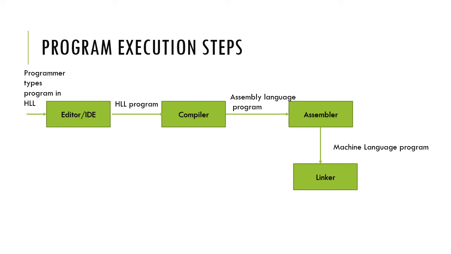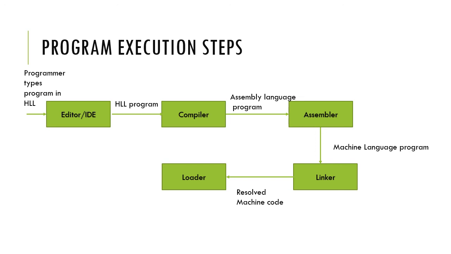Now comes in the linker. Now the linker, what it does is that it links your definitions, the relocatable codes, all these are linked by the linker. And when all these are linked together, you have the resolved machine code.